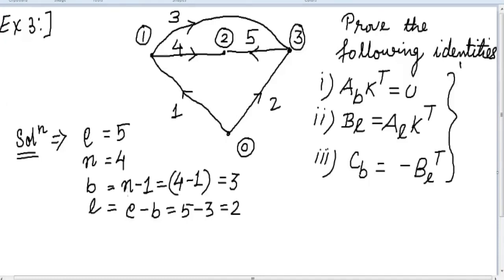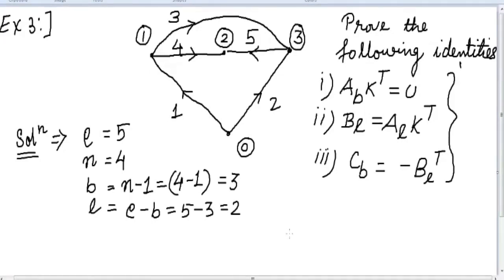But while doing so, the rule that we have followed should be satisfied. What was the rule to identify the branches? The first rule was that all nodes should be present, and the second rule, there should be no closed path, right? So these were the 2 rules that we had already written. With the help of these 2 rules, we have to identify the elements as branches and links.